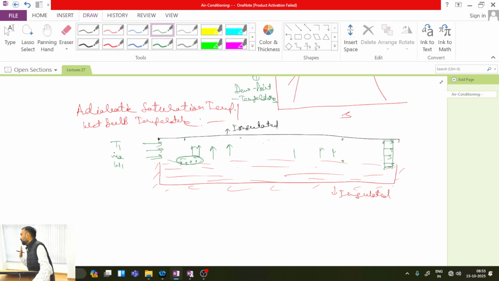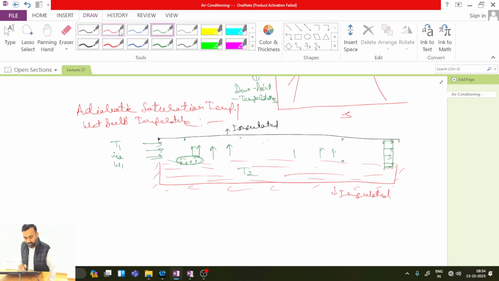All are agreeing to this point or not? And let's consider the pool was initially at temperature T2. All are clear with this point or not? So, once the concentration has become uniform, it means my entire air is saturated. And in the process, while it is moving from inlet to outlet, it is not exchanging any heat with the surroundings. So the entire heat of evaporation is supplied by the air only. So there will be cooling of the air.